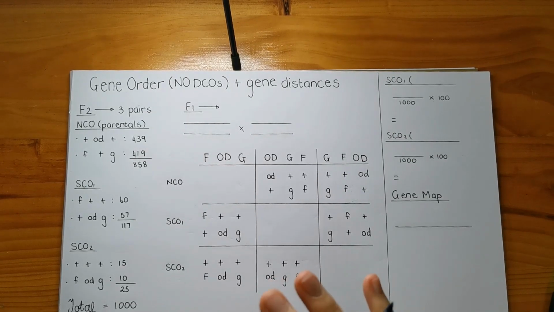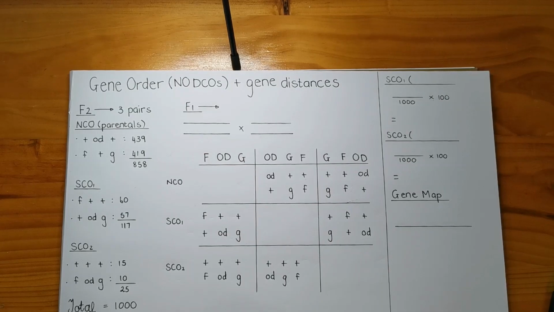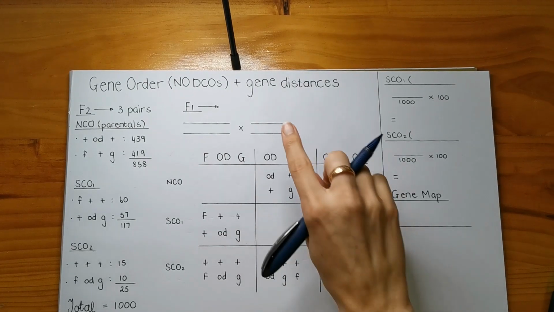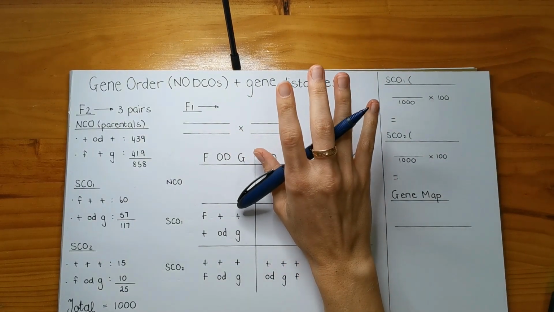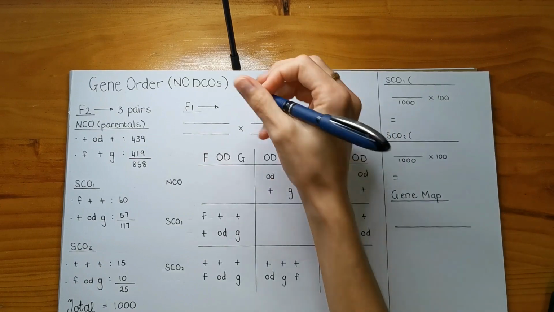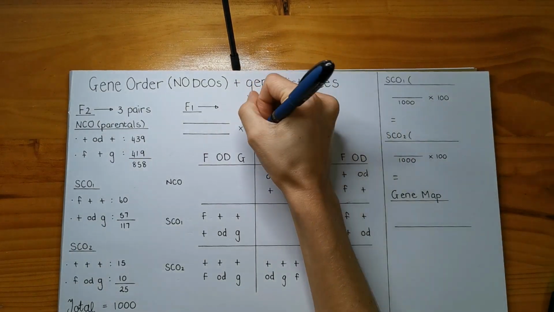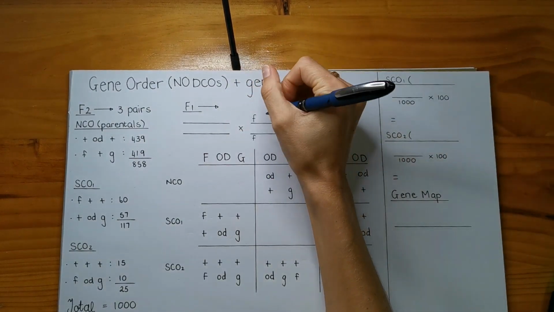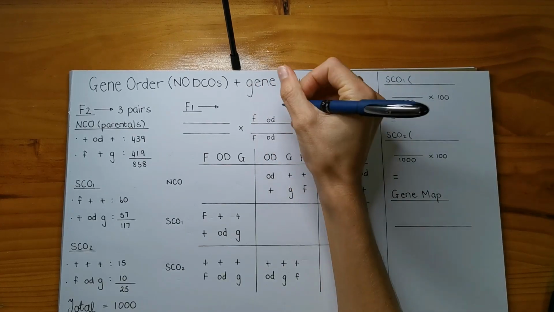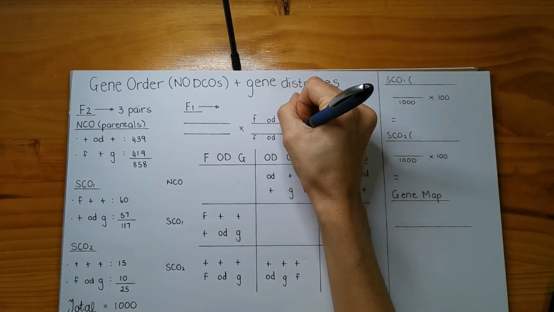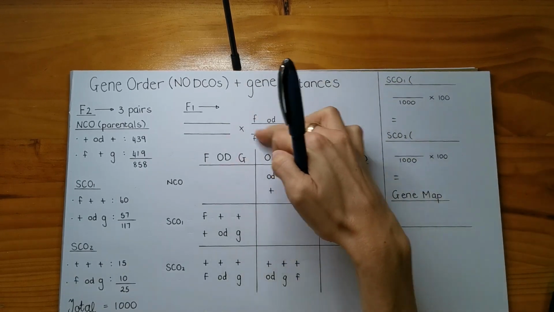You don't have to write it out, but I want to because it's going to show you a little bit of a trick, right? So I'm going to write my F1 out over here. They say that the males are all recessive, so I'm just going to write that out. They're recessive for both of those genes, also recessive for both of those genes, and also recessive for both of those. That's my recessive individual.